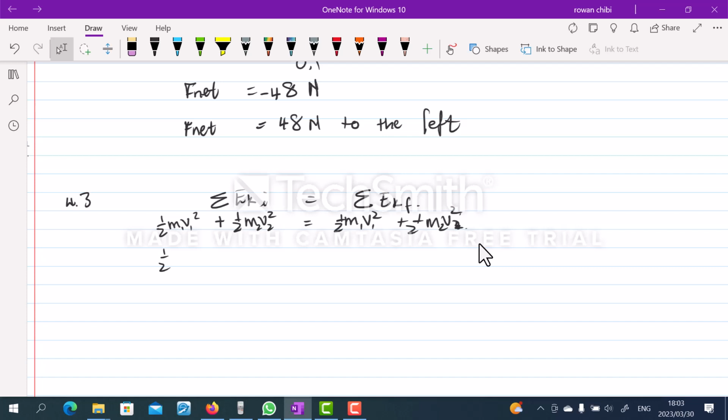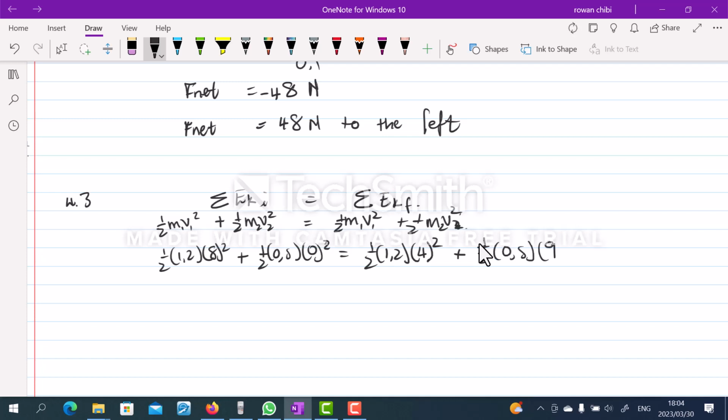So you have half, the mass is 1.2, the initial velocity is 8 squared, plus half times 0.5, the velocity is 0 squared, this one is still 1.2, the final velocity is 4 squared, plus this one, the mass is 0.5, the final velocity is 9.6 squared.